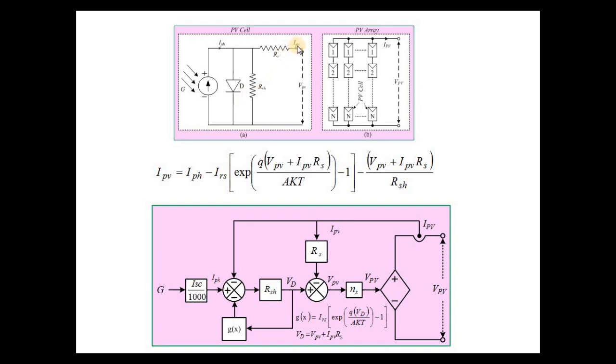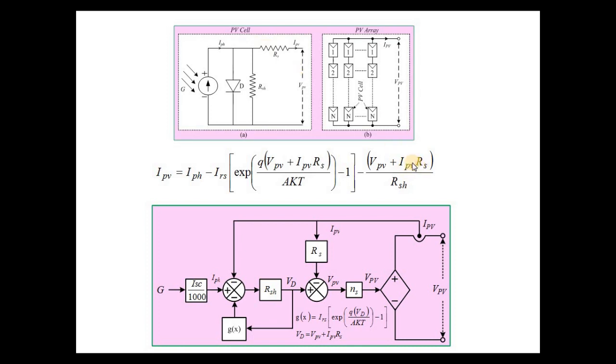So the current flowing through the shunt resistance is the voltage across resistance RSH divided by RSH. The voltage across the resistance is VPV plus, I mean the addition of VPV with this drop IPV RS.